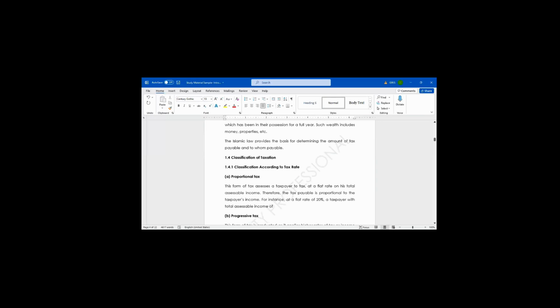Number one classification that we have is classification according to tax rates.